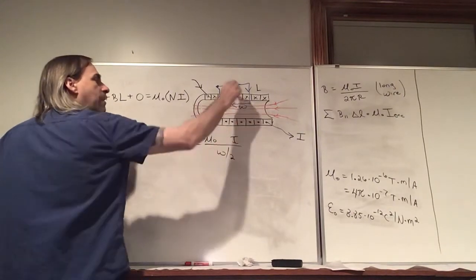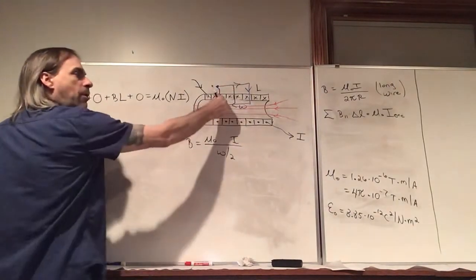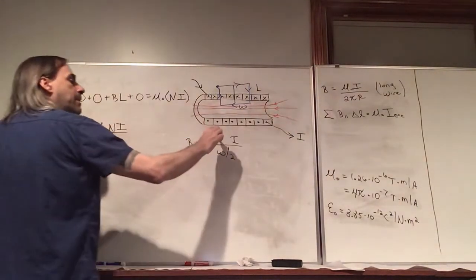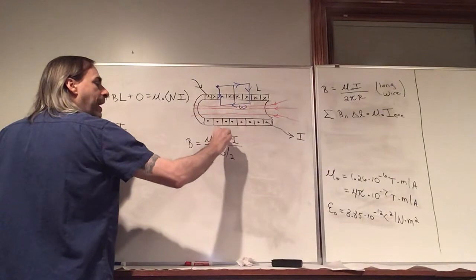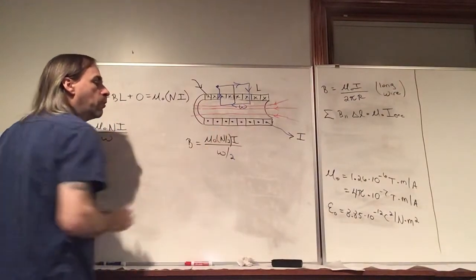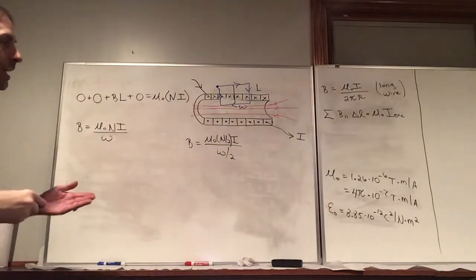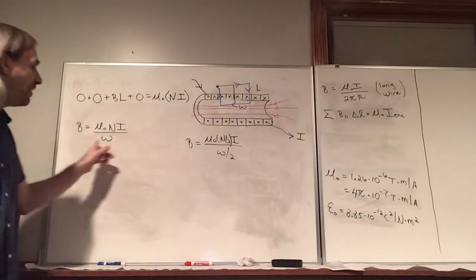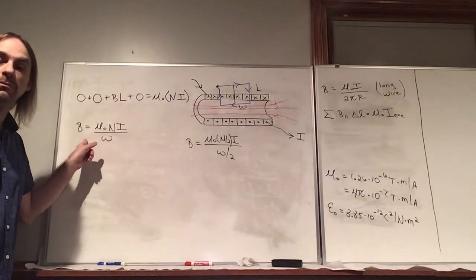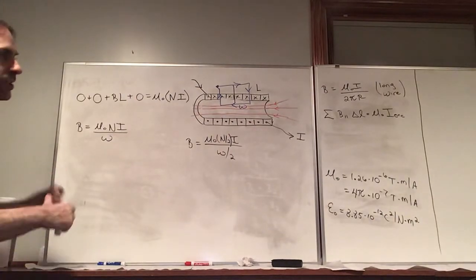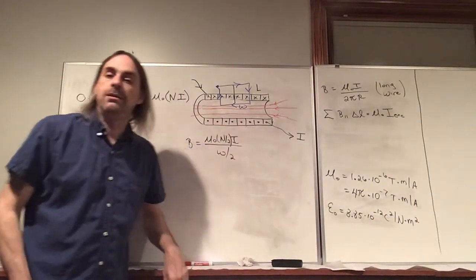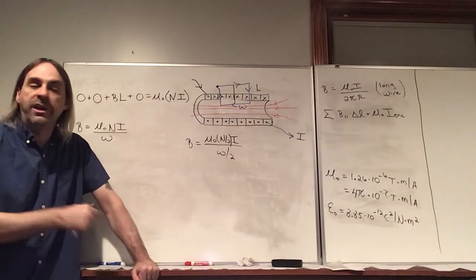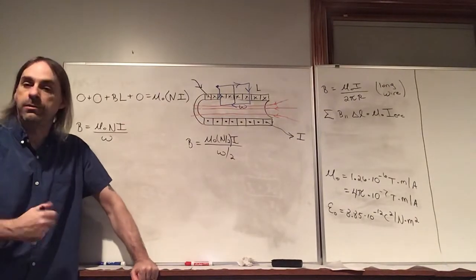However, if we cut our loop in half, we'd only have half as many crossings. Our wire would only cross half as many times. So on top, we'd have an N over 2 as the number of crossings, and so these 2's cancel out, and we get the exact same result. So it kind of looks like our result depends on W, but it doesn't really. W can be anything and we're going to get the exact same answer.